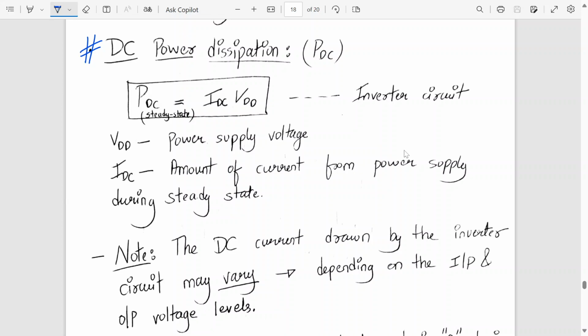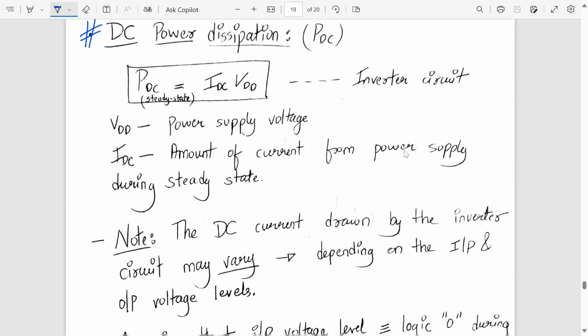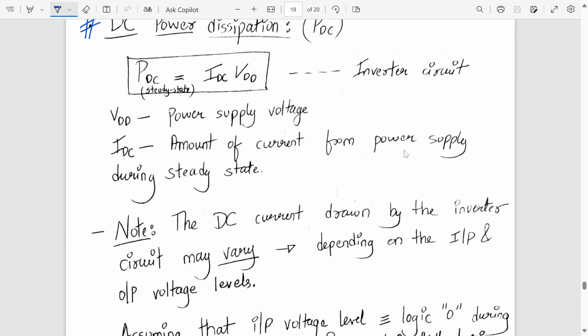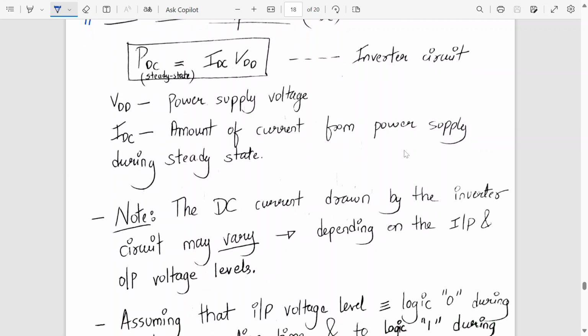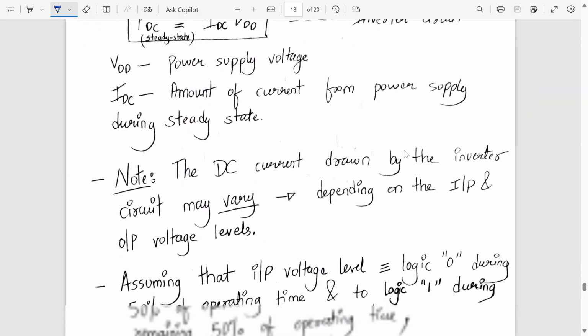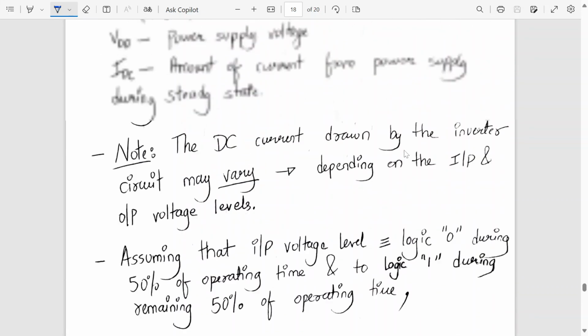VDD is the power supply voltage, IDC is the amount of current drawn from the power supply during steady state. Remember, this current for the inverter will depend upon the input and output voltage levels. Okay? Written the formula? Now, listen carefully.